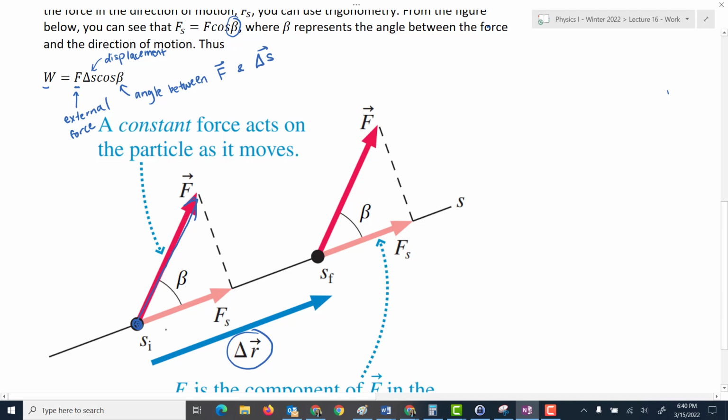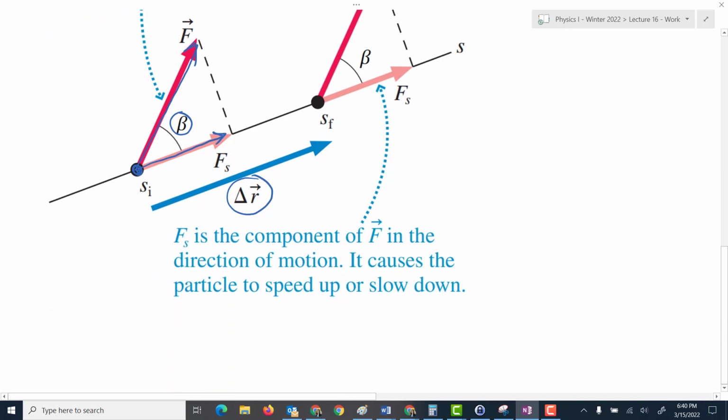And it's moving in this direction, the direction of delta R. Okay, so it's moving in that direction, and the force is helping it to move in that direction because it does have a component that is parallel to the direction that it's moving, right? So this, they call it F sub S, so it's just saying that it's the component of that force that's parallel to the direction that it's moving, and beta is the angle between the force vector and the displacement vector. Okay, the displacement vector is this vector over here, the blue vector.